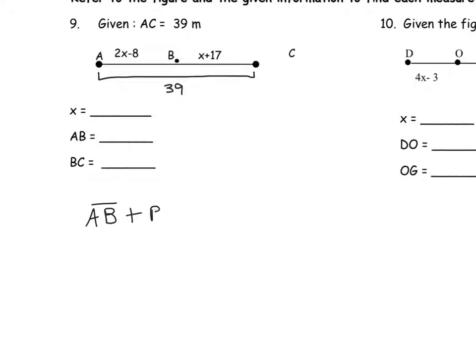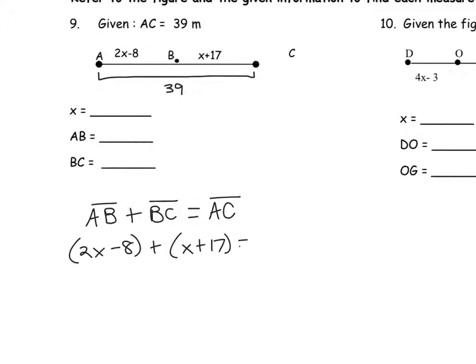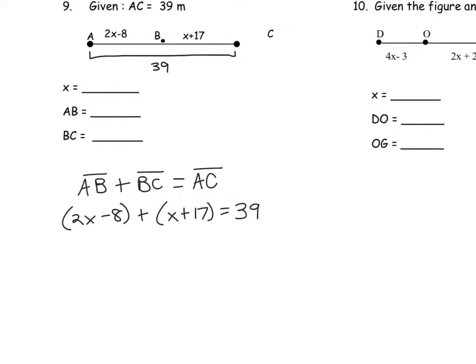AB plus BC equals AC, and now I'm going to substitute. I know that AB is 2x minus 8 plus BC, which I can see is x plus 17, equals AC, which we are told is 39. So now we can just combine like terms and solve to find x.